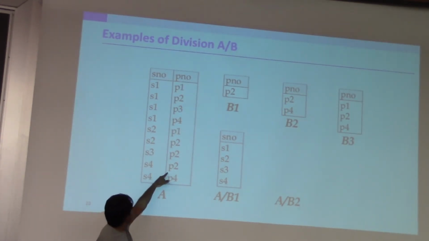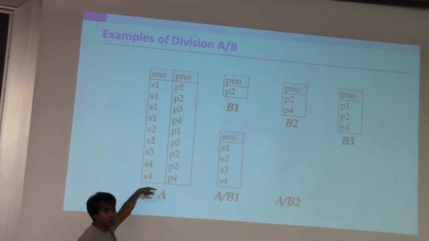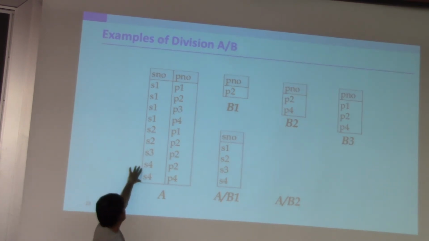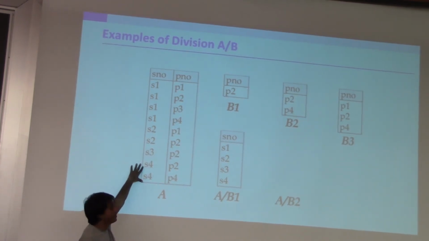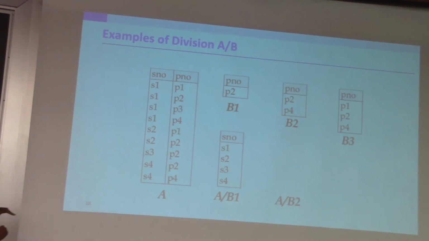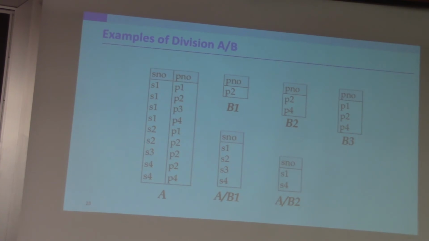S4 has P2 and P4 both. So the result will be S1 and S4. S3 and S2 don't qualify because they don't have P4. I'll show you in a moment how to derive that again.